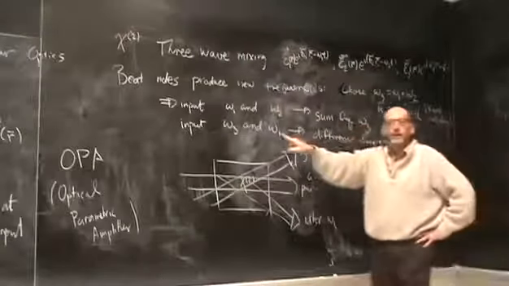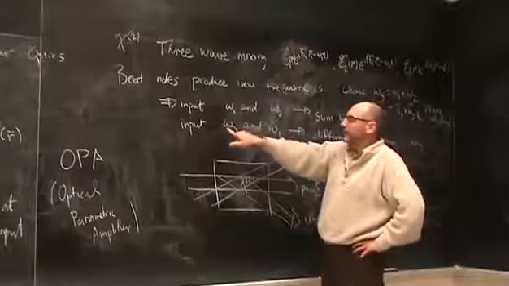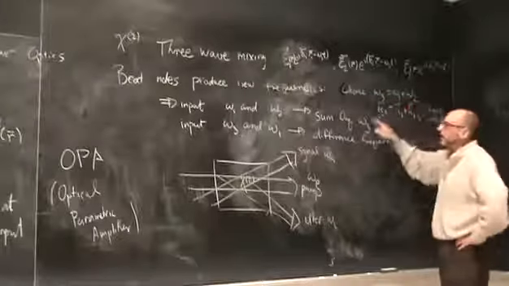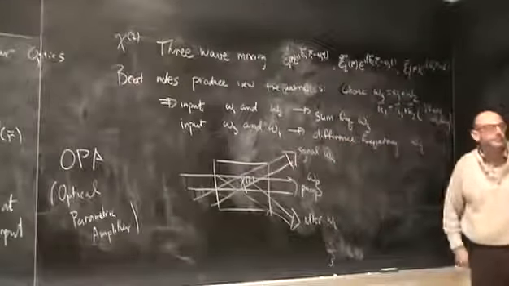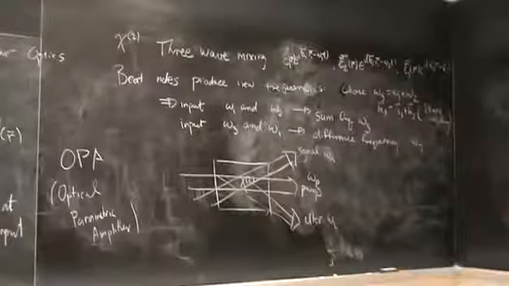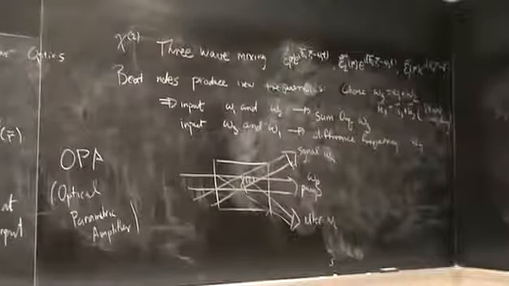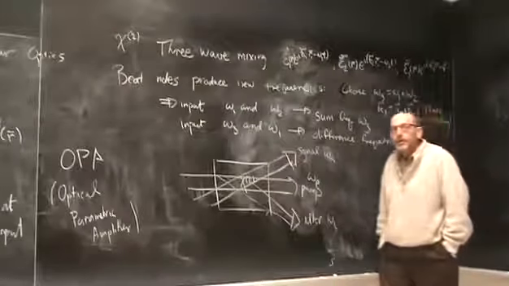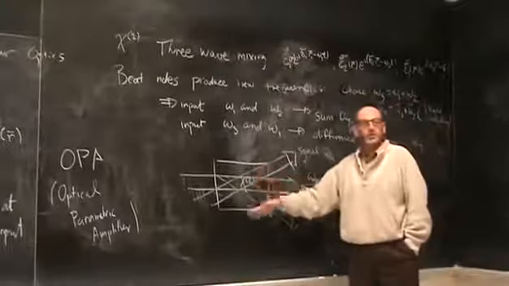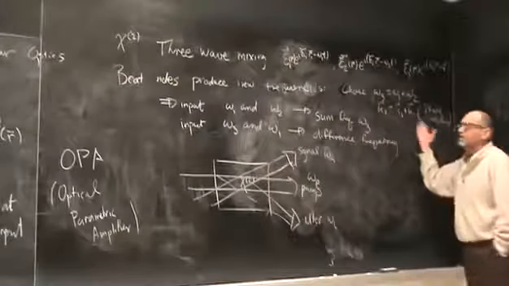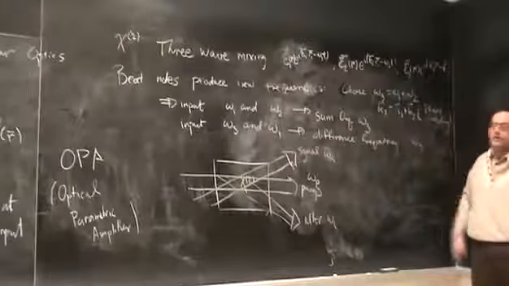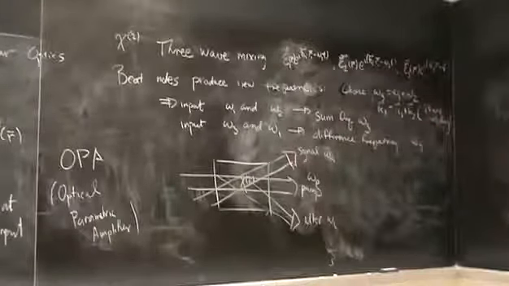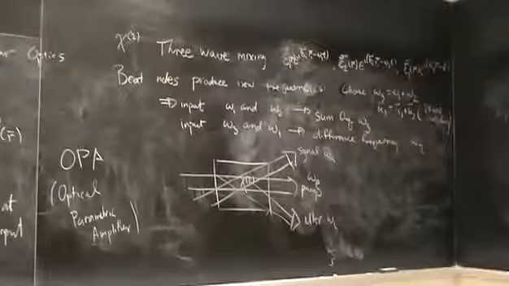If I injected the frequency omega 3 and omega 1, and this was satisfied, then I would generate the difference frequency. As we discussed, for this process to be as efficient as it can be in the transfer of energy between these waves, we needed the phase matching condition, that the wave vectors also add together. That was tricky business. We'll come back to that.